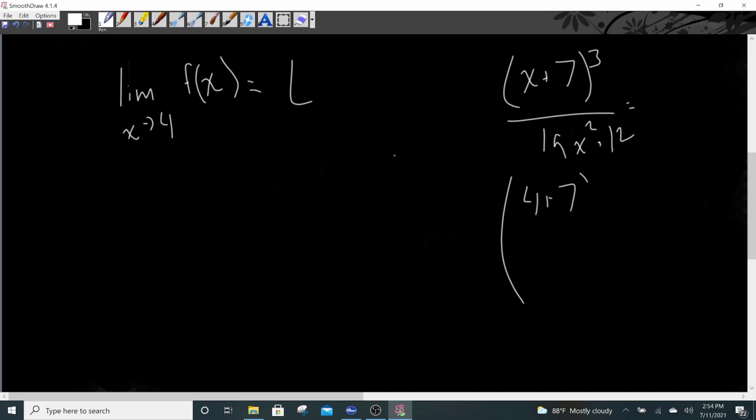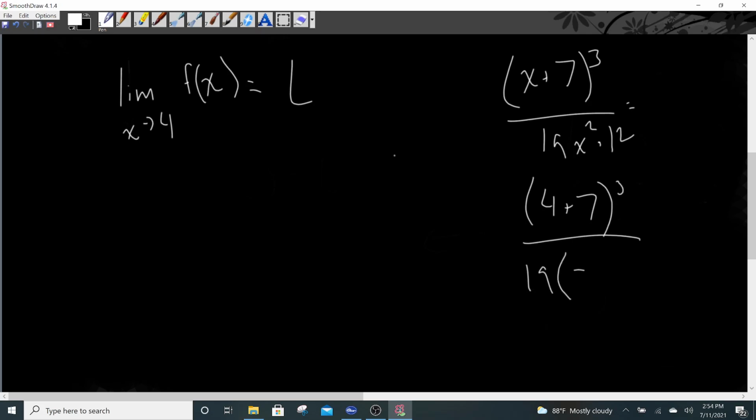4 plus 7. I already made this too complicated for me to calculate offhand, but (4 plus 7) cubed over 19 times 4 squared plus 12. If you evaluate all that, you would have a pretty good idea of the y value that, I'll say this is L again, y is approaching L as x is approaching 4.